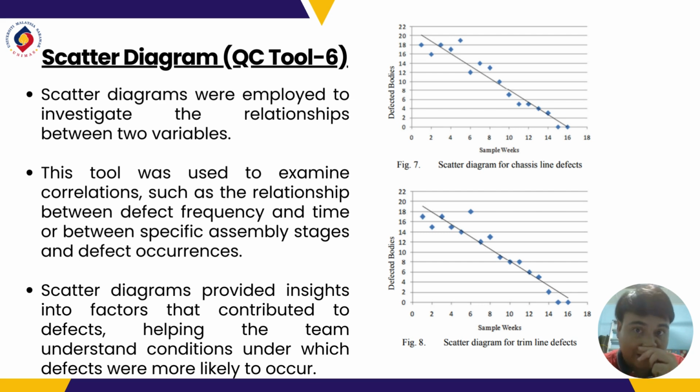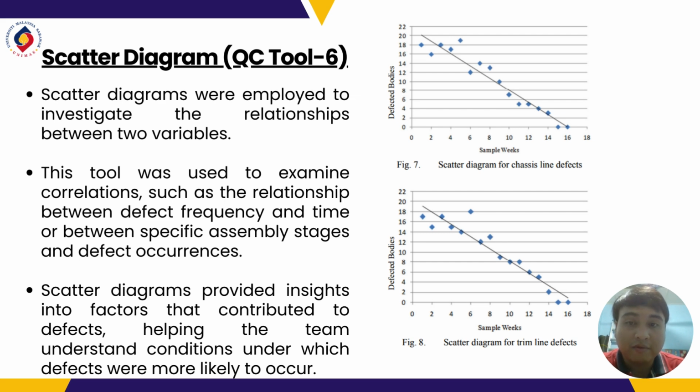For the next slide, I will present the next quality control tool that we applied, which is the scatter diagram. The scatter diagram is employed to investigate the relationship between two variables. This tool was used to examine correlations such as the relationship between defect frequency and time, or between specific assembly things and defect occurrence.